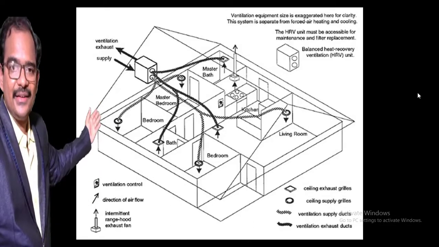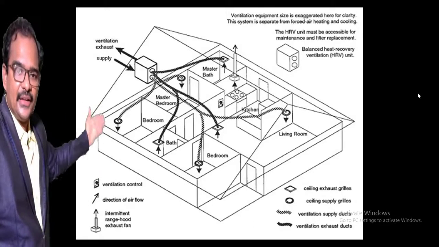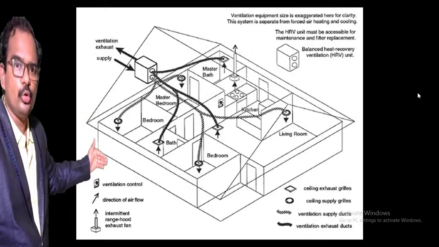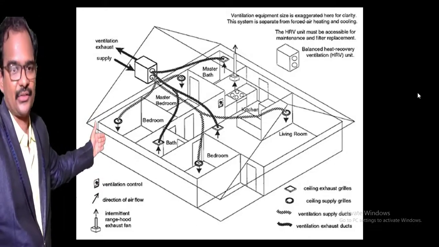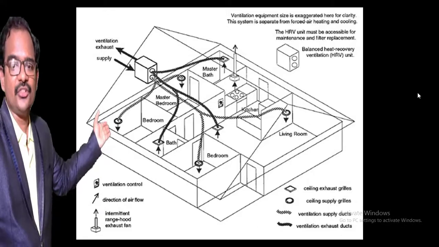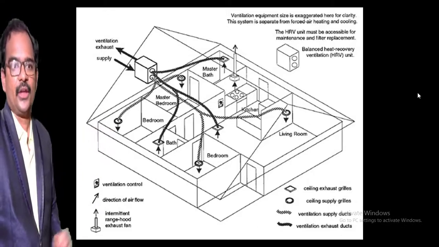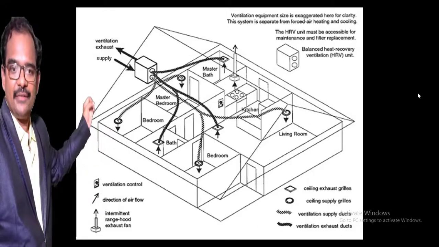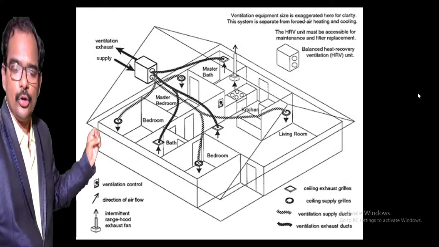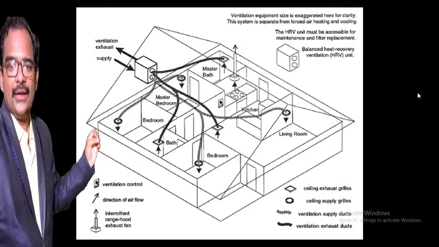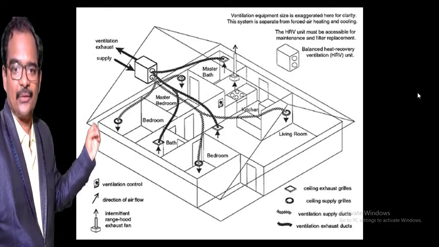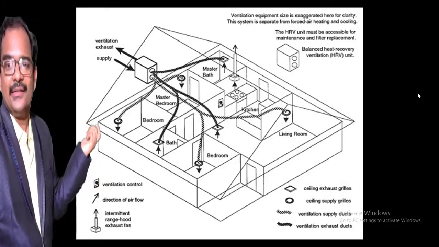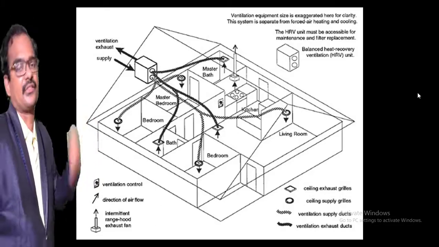As you can clearly see here, the air will be entering the room through circular grills and hashed ventilation supply ducts. As you can see in the figure, the fresh air will enter the home through ventilation supply ducts as well as the circle shaped ceiling supply grills.